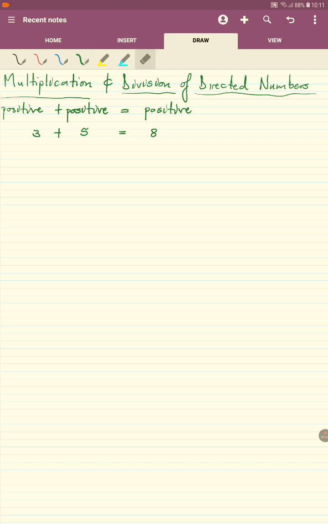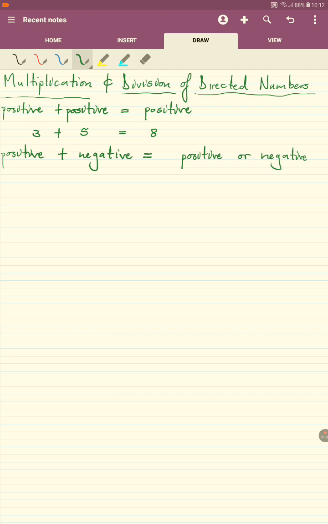Okay, and if we add positive to negative, your answer can either be positive or negative, depending on which one is bigger between the two numbers.